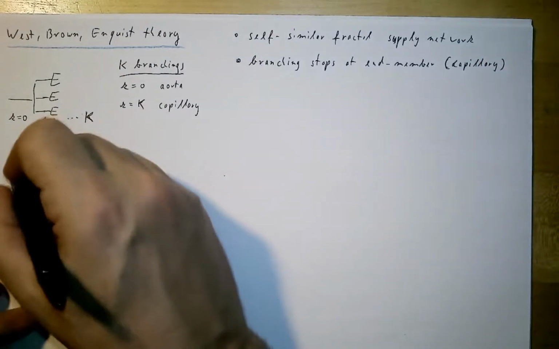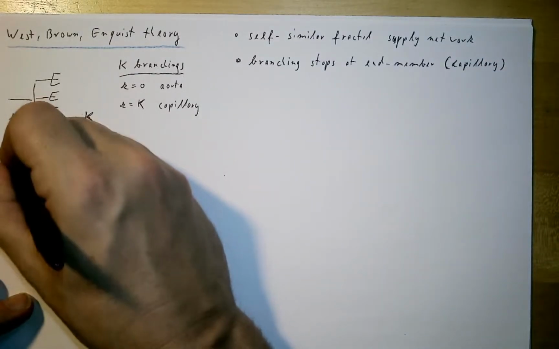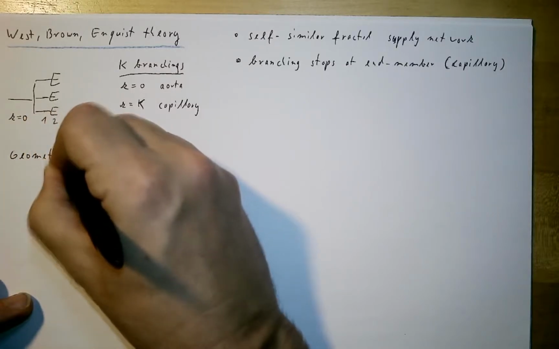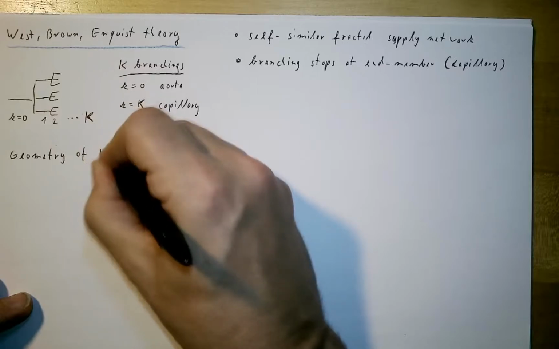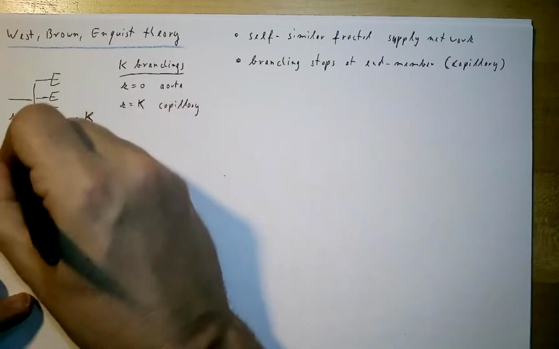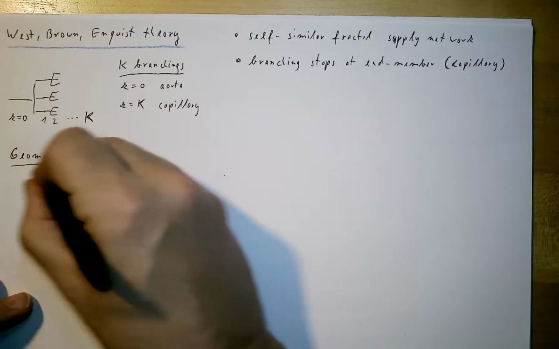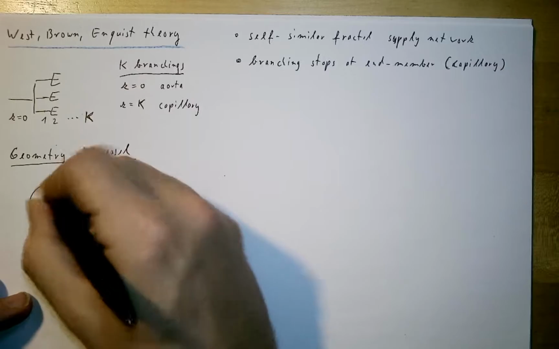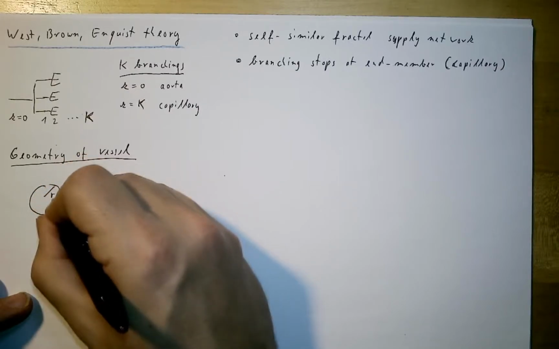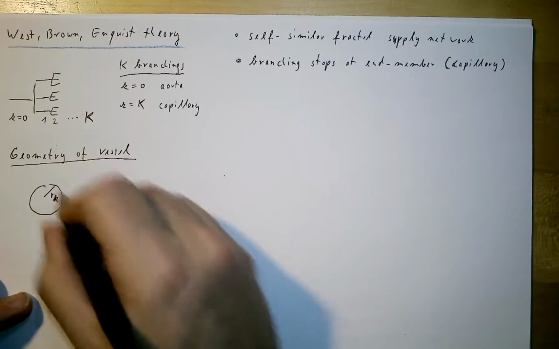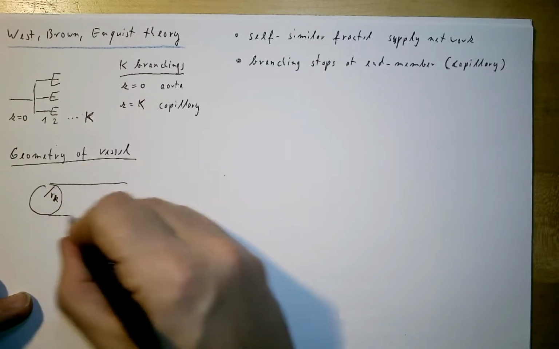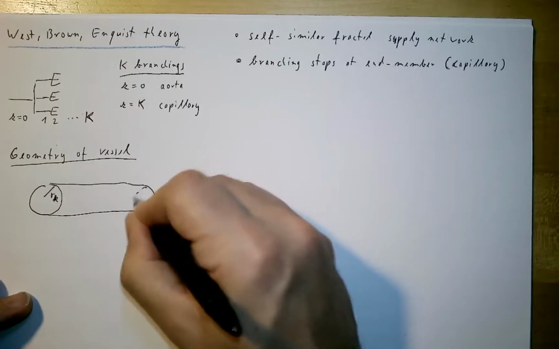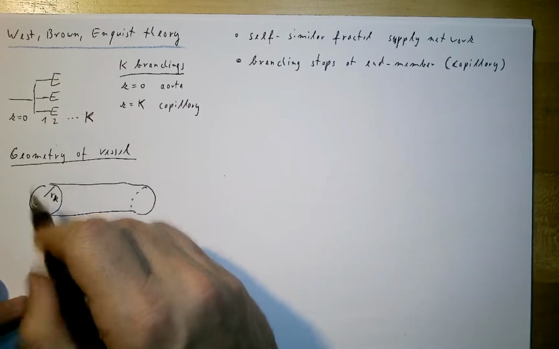Maybe we plot this here. Geometry of a vessel, and that's always a simple cylinder. So here we have a radius r_k. So the radius of our cylinder depends, of course, on our branching level.